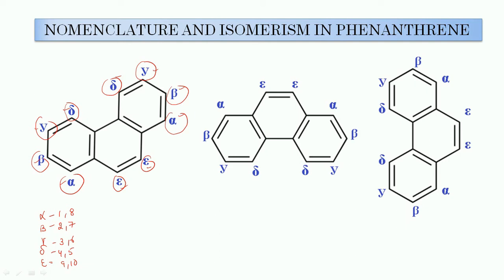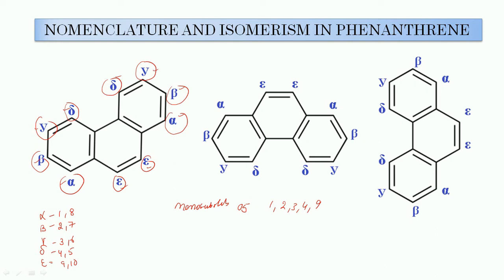So these are the different carbons. If mono substitution occurs in phenanthrene, it will give 5 isomeric forms, occurring at carbon number 1, 2, 3, 4 and 9.